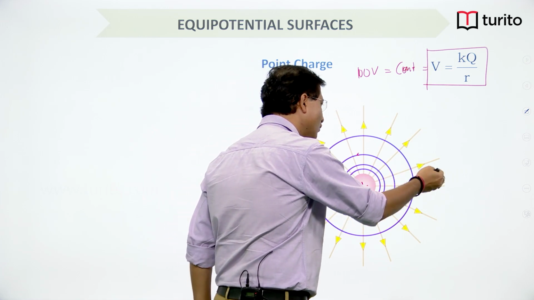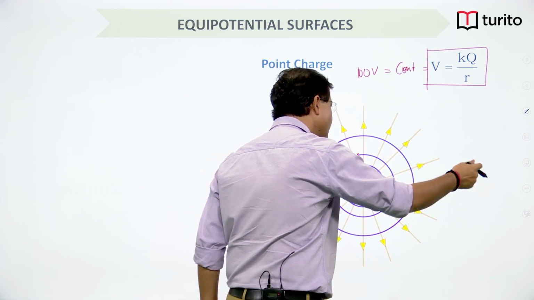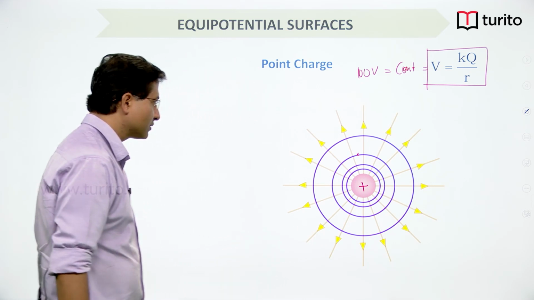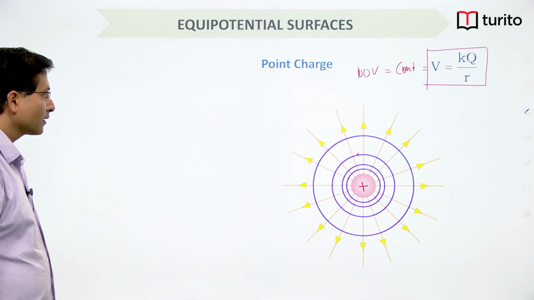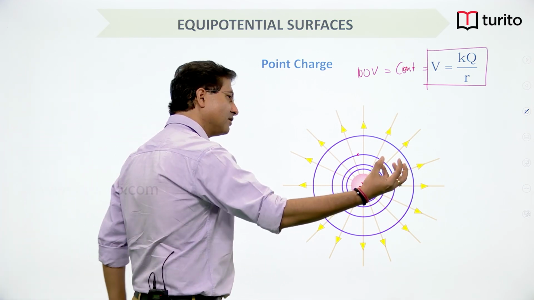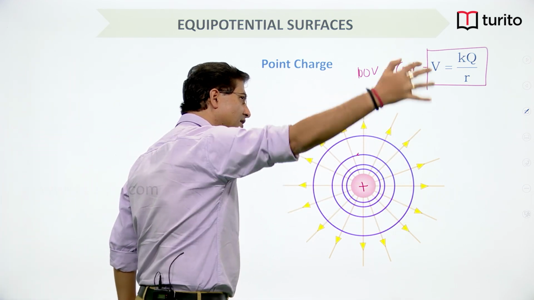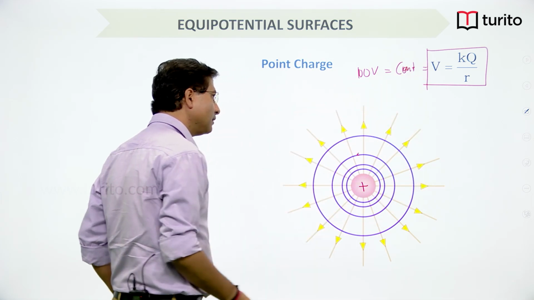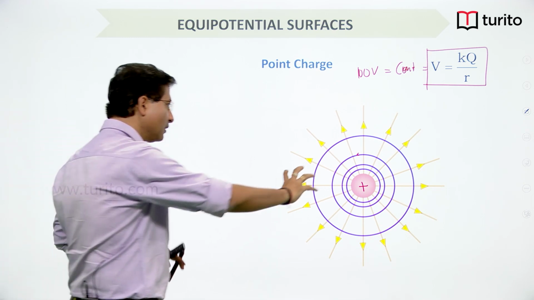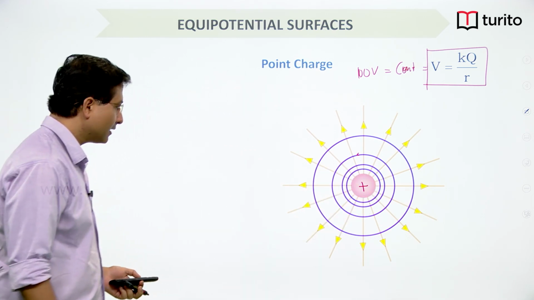As you keep going out, all these circles will have lesser value as compared to the circles near the positive charge, right. So, in 3 dimension, if I take a charge, all these will have spherical equipotential surfaces. On 2 dimension, you can see they are circles.